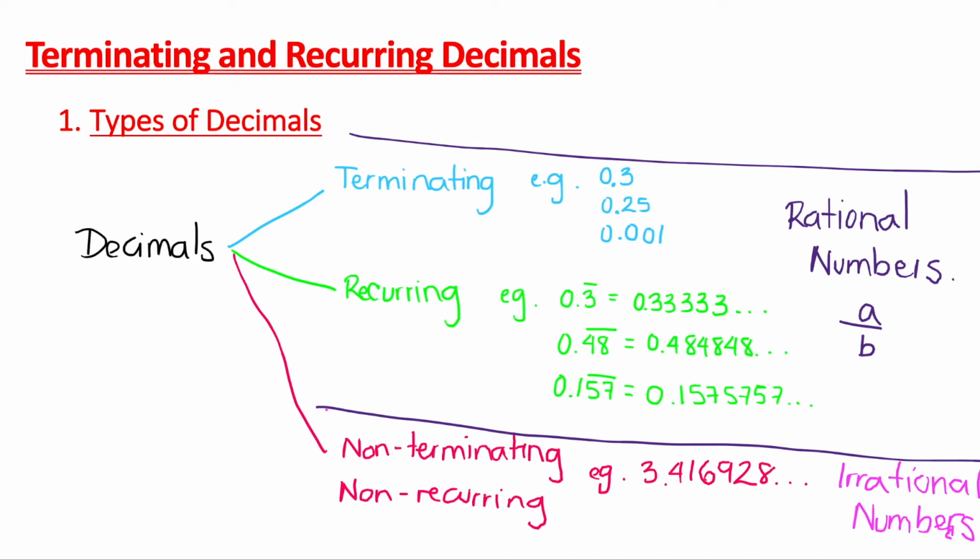Okay, so in this unit we are going to be focusing only on rational numbers, so only on terminating and recurring decimals. Okay, and we're going to do some examples. Okay, fantastic. So this is what we're covering in this lesson today.